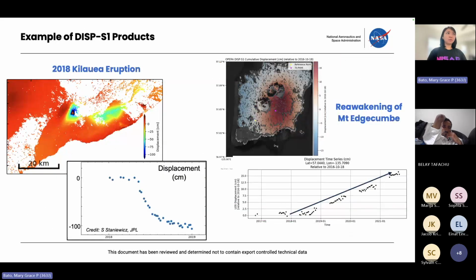These are examples of what you can retrieve from the displacement Sentinel-1 products. This is the reawakening of Mount Edgecumbe volcano. You can see here that around 2018, a sudden inflation event happened.